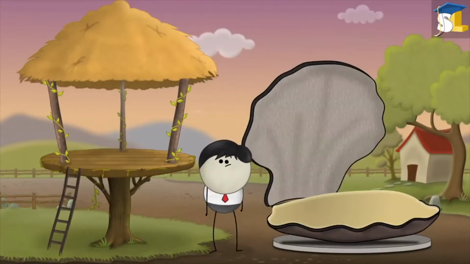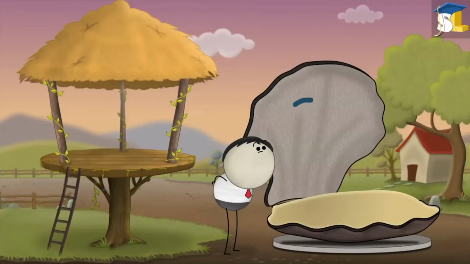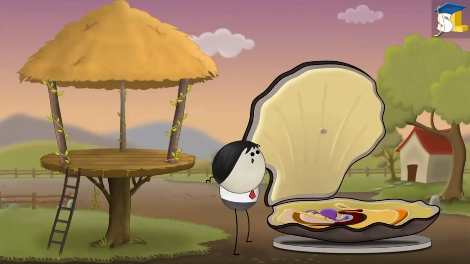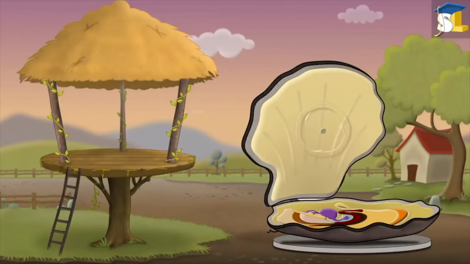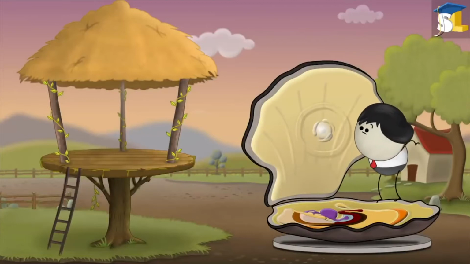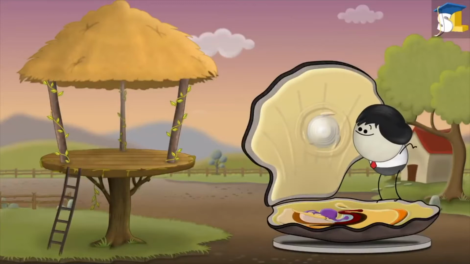Whenever any foreign substance like a grain of sand or a parasite makes its way into the oyster and gets stuck in between the shell and mantle, the mantle's natural reaction is to cover that foreign substance to protect the oyster's internal organs. For this, the mantle secretes a mineral called nacre around the foreign substance in layers. Over time, layer upon layer of nacre leads to the formation of a pearl.